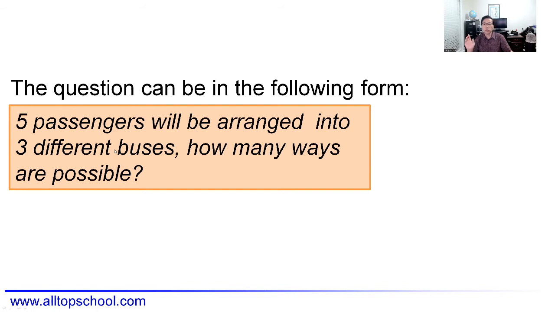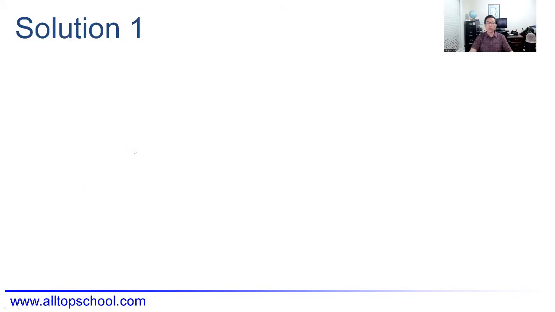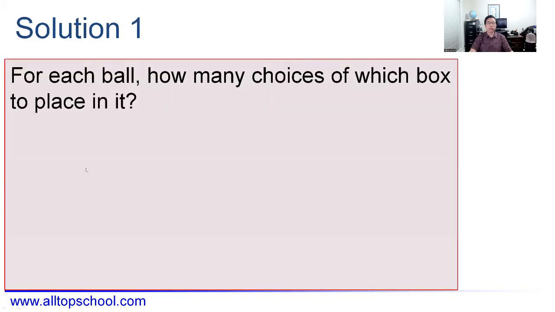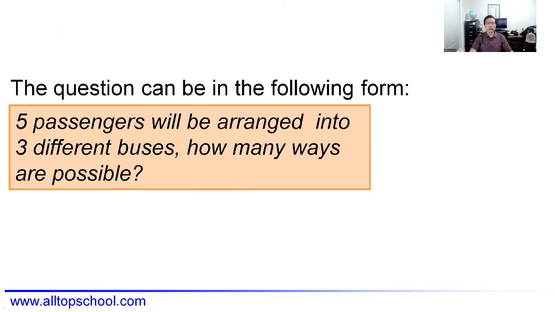And then we give you 2 different solutions. One solution in this case will be much simpler. We're going to do it this way. For each ball, we are not really restricting how many passengers can go to one bus. They can go to 1 bus or 2 buses or 3 buses.